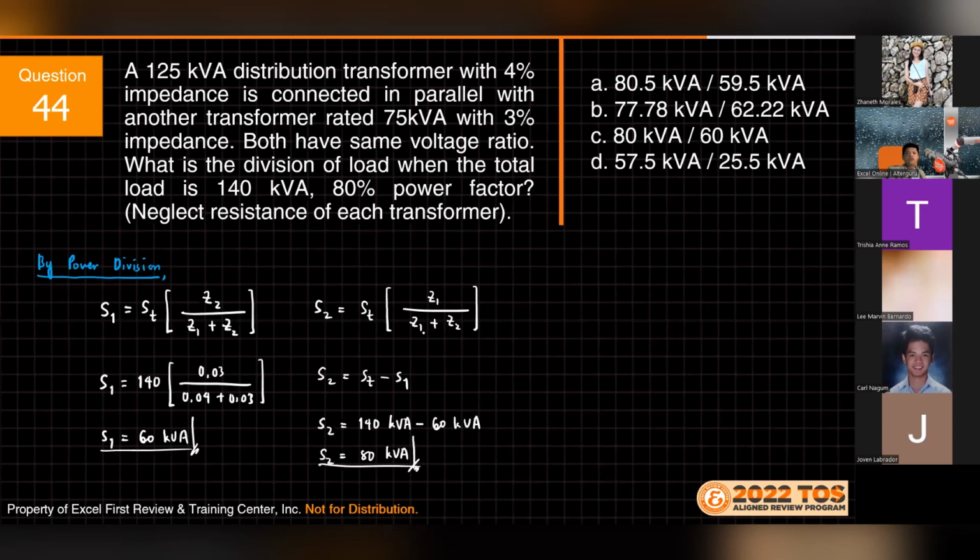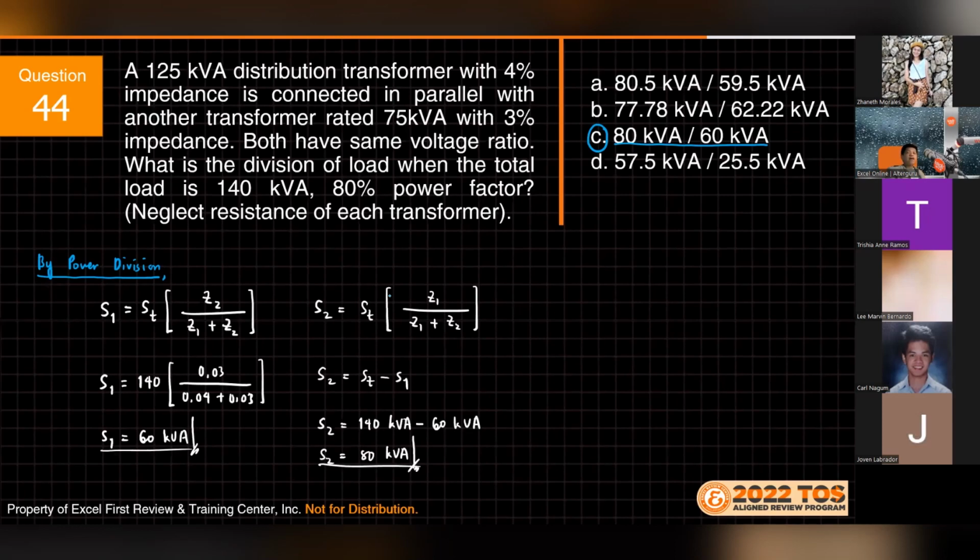That's how easy it is. And maybe you're thinking, sir, what about the 125 kVA and 75 kVA? Those two are only the ratings. They do not affect the distribution of the load.